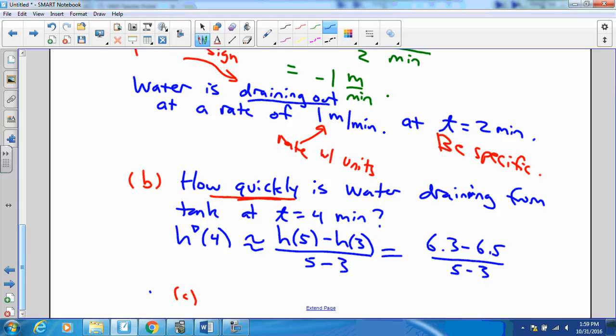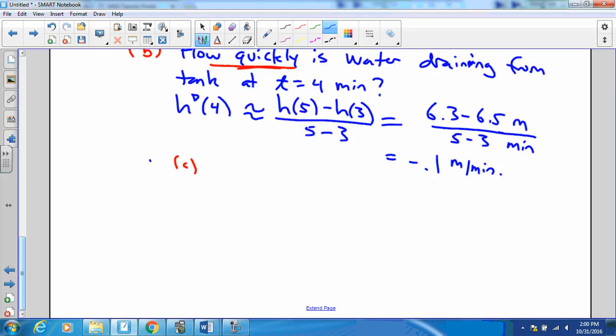The units. Oh, every time. What are the units that go with the 6.5 and the 6.3? Now this is right. Here we do the computation, and we get negative 0.1 meters per minute. And now we're ready for the interpretation thereof.